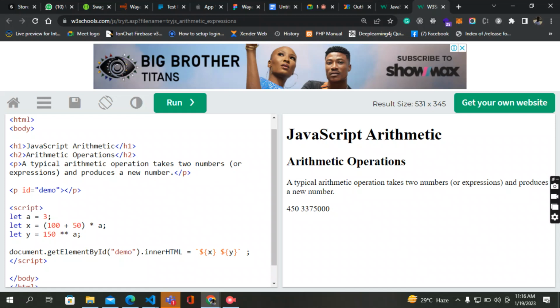Something is not right. Let's see. Five times 5, 125.